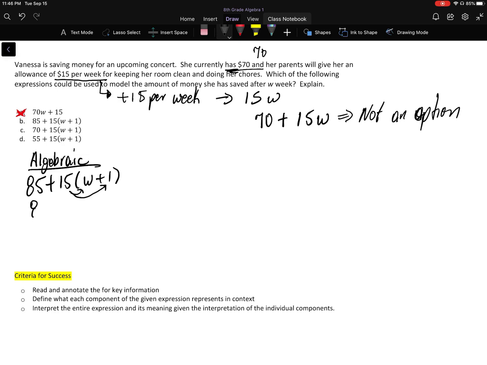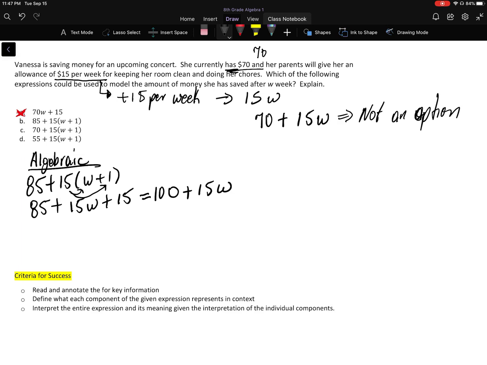The 85 plus the 15 gives us 100, so we have 100 plus 15W.